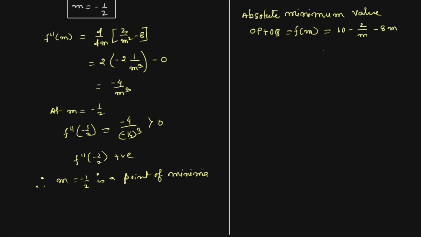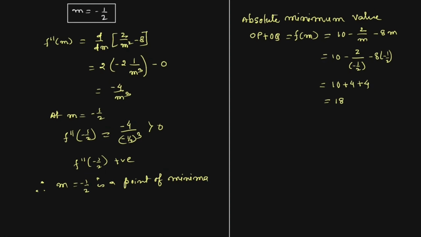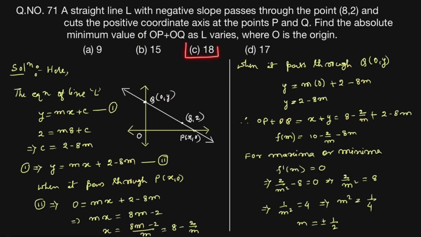If you put the value of m here, that is 10 minus 2 divided by minus 1 by 2, that is the value of m, minus 8 times minus 1 by 2, you will get 10 plus 4 plus 4, which is equal to 18. Therefore, 18 is our answer. So option number C is our correct option.